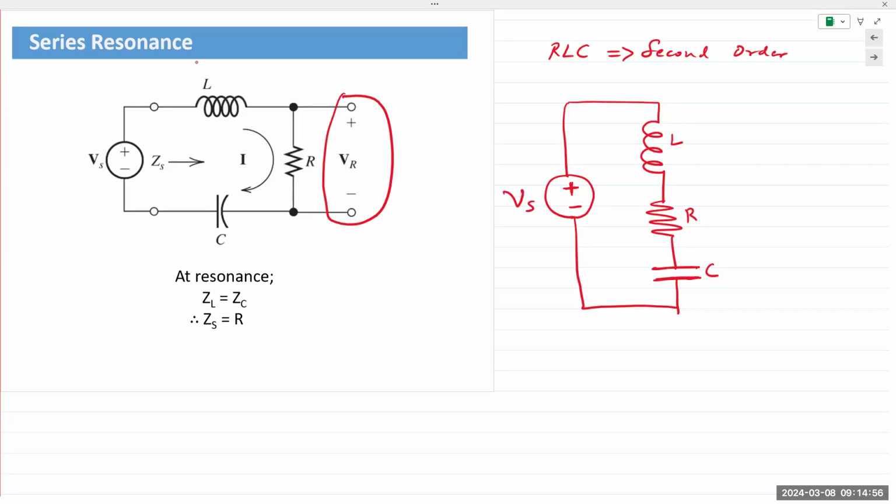Okay. So if you have both energy storage components in the same circuit, the energy would flow out of the inductor and go into the capacitor. And in the next half cycle, it will flow out of the capacitor and go back into the inductor. Okay. So the energy keeps bouncing back and forth between the two components.